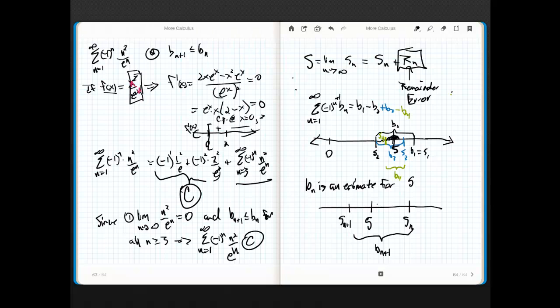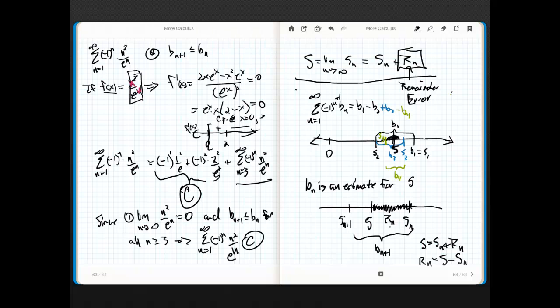Do you agree that by this equation right here, I know that S equals S sub n plus R sub n. So R sub n is always going to equal S minus S sub n, correct? So here's S sub n. Do you agree that that distance right there is going to be R sub n?